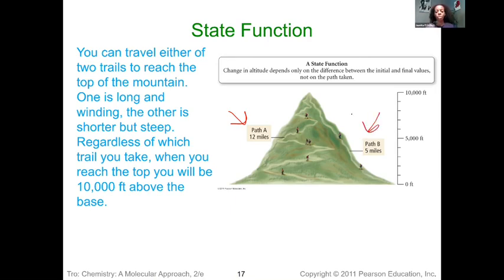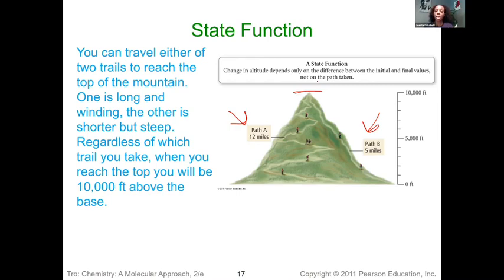You're going straight up the hill, definitely more rigorous. But at the end of the day, regardless of whether I went path A or path B, the total elevation I reach once I get to the top remains the same. So the elevation in this case would be considered a state function, because regardless of the path we took to get there, it remains the same.